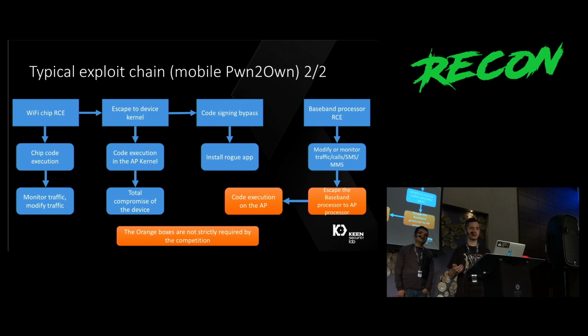And this is already a very powerful primitive, but you can also chain a chip escape bug, let's say, and achieve, for example, kernel code execution on the device and get total compromise, because the sensitive information is contained on the application processor. So you need to escape the baseband, for example.